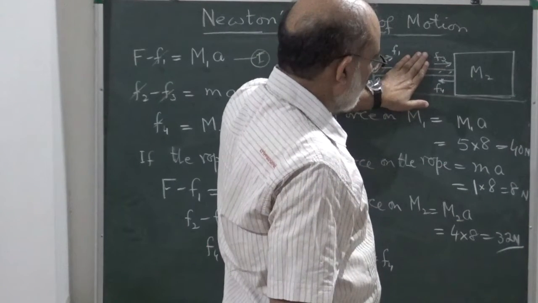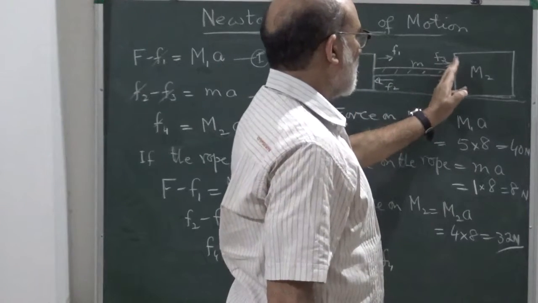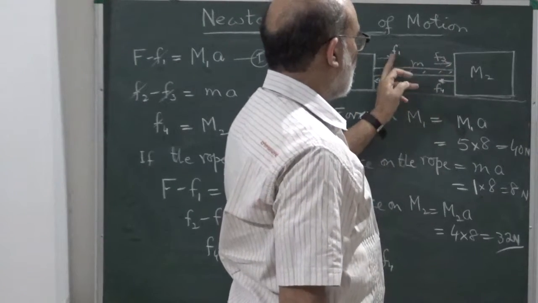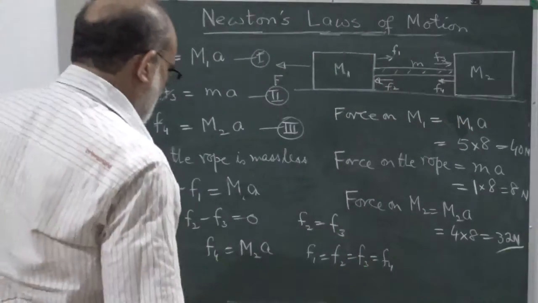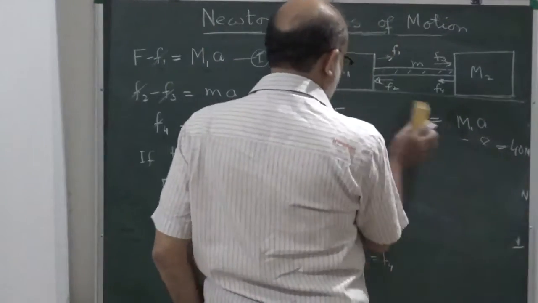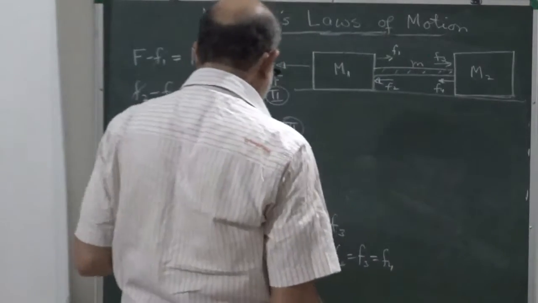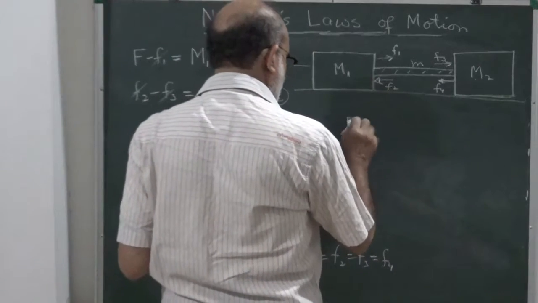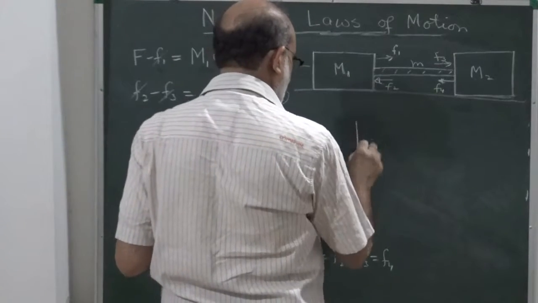Now if the ropes are massless, the whole force F1 will be transferred to M2. So F1 will be equal to F3 and F4, F2 are equal. So it means we can write this equation now, or we can draw the figure like this.